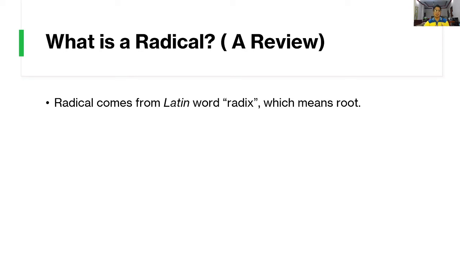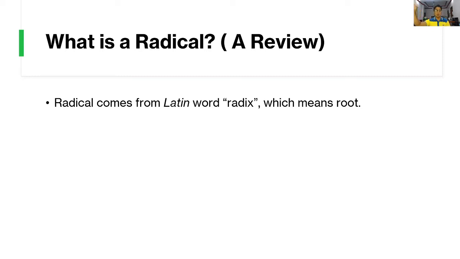Para mas maintindihan natin, sa Filipino, meron tayong tinatawag na silanganan, kalunuran. This is basically the direction. Ngayon, ba't naging silanganan at saka kalunuran yan? Ang sabi kasi nung matatanda noong una, dun daw sa silangan or silanganan, dun sumisilang yung araw. Okay? And then yung kanluran, ang tawag talaga ng matatanda rin nung una, this is called kalunuran.